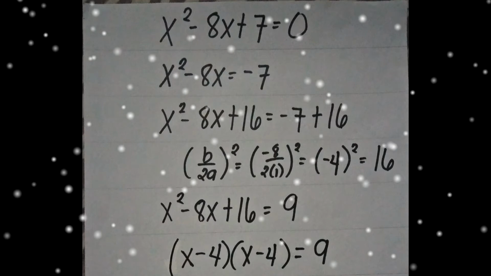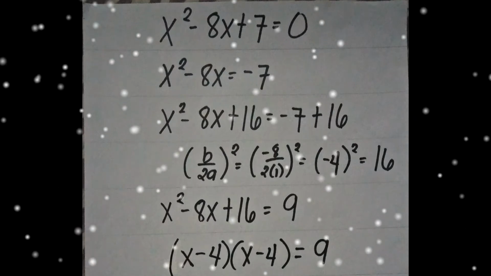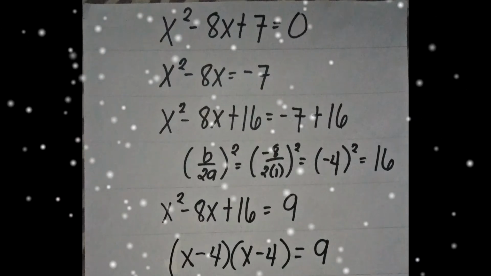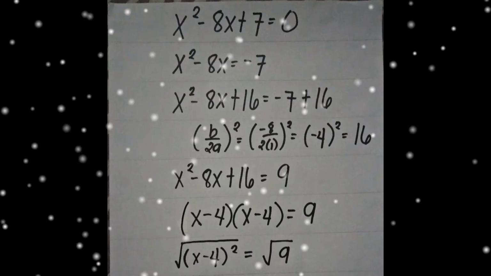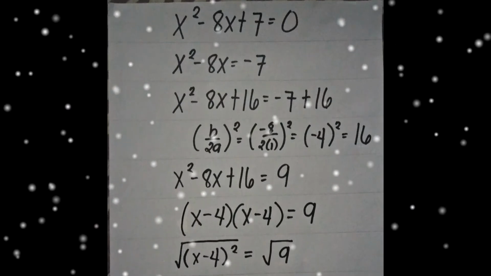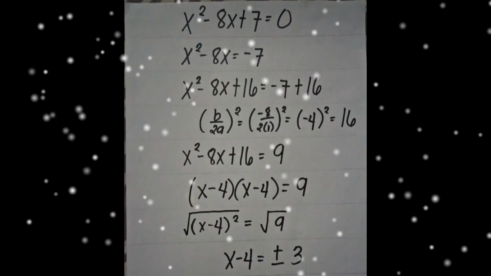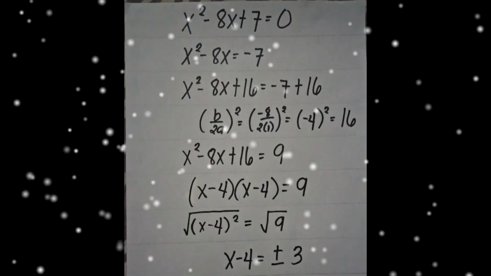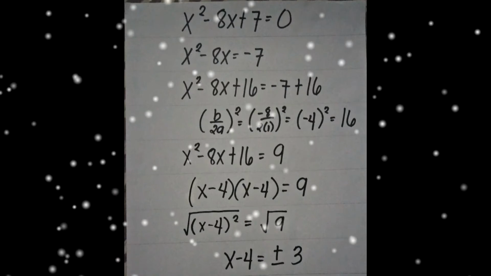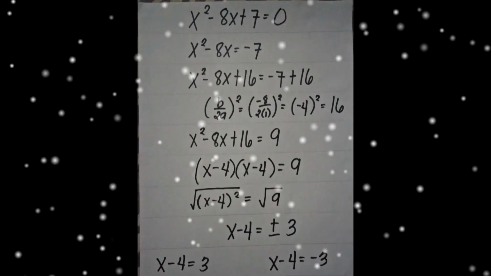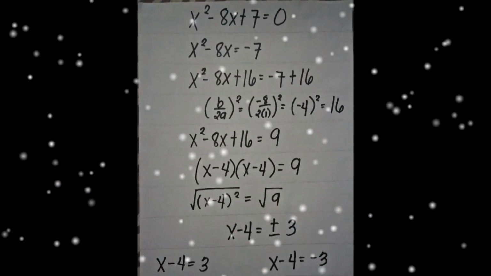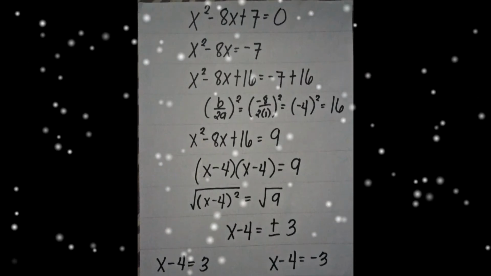The fourth step, take the square root on both sides of the equation, and it will be the square root of x minus 4 squared equals the square root of 9. And we get x minus 4 equals positive and negative 3. Then solve for x. First we get the positive side of the equation, and it will be x minus 4 equals 3.